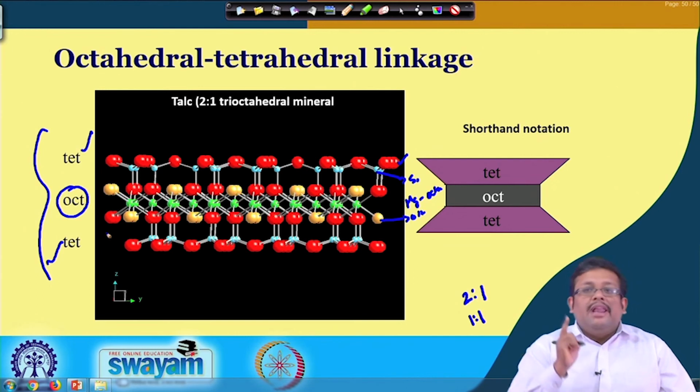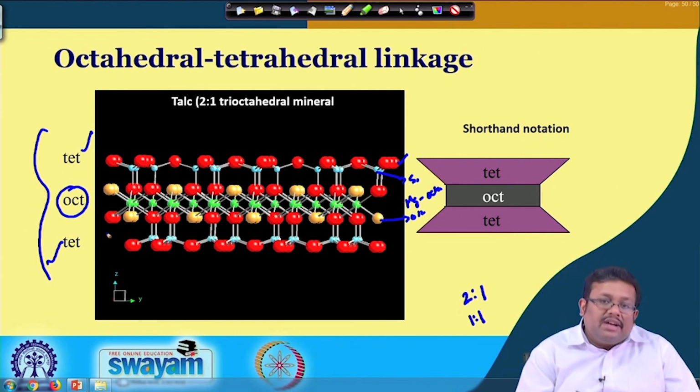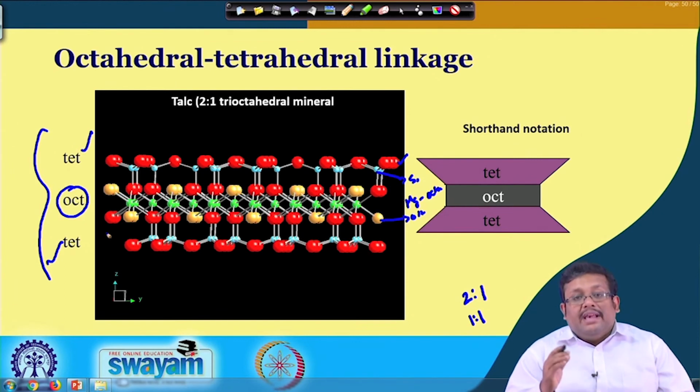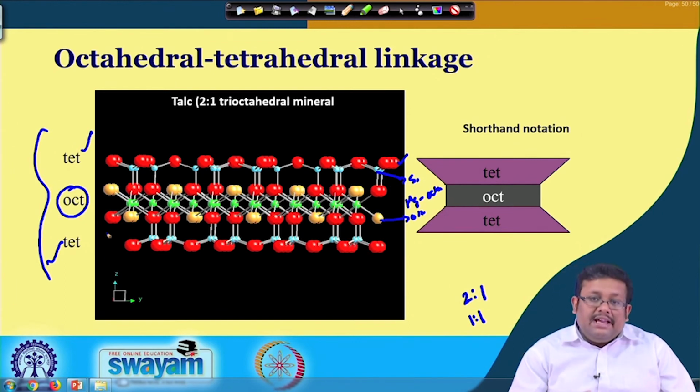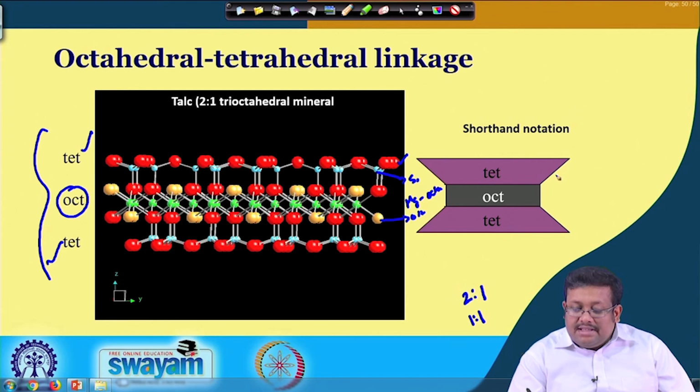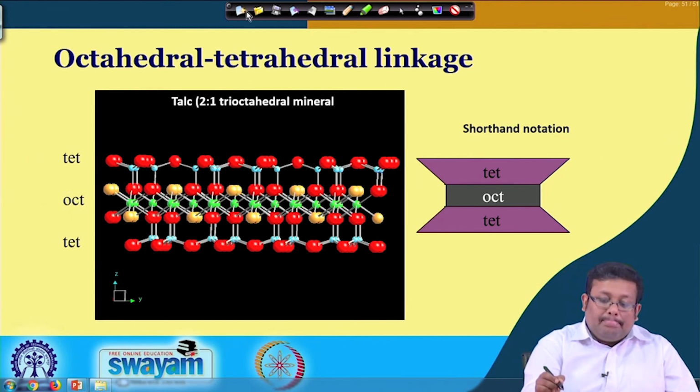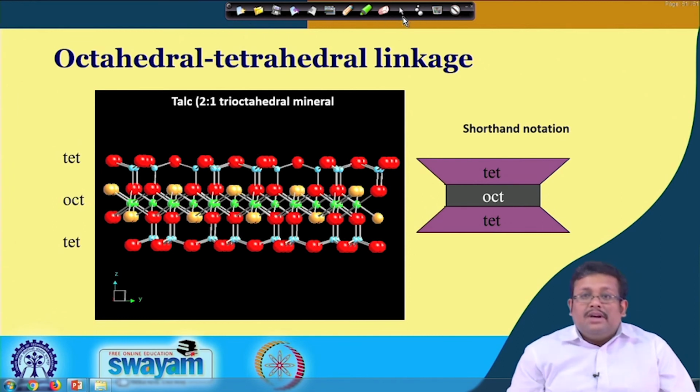Based on the number of tetrahedral and octahedral sheets in a unit cell, we can differentiate clays into 1:1 type clay and 2:1 type clay. Now, what is the shorthand notation of this clay structure? Since it is a 2:1 structure, this is a tetrahedra, this TET stands for another tetrahedra, and in between there is an octahedra sandwiched. Now probably you have understood what a 2:1 mineral is.